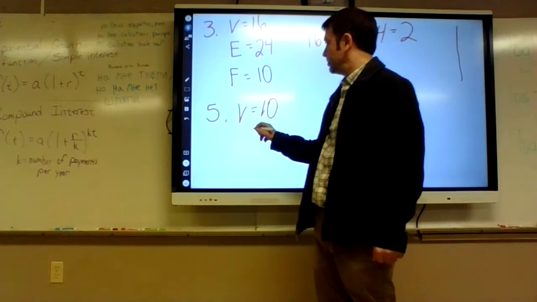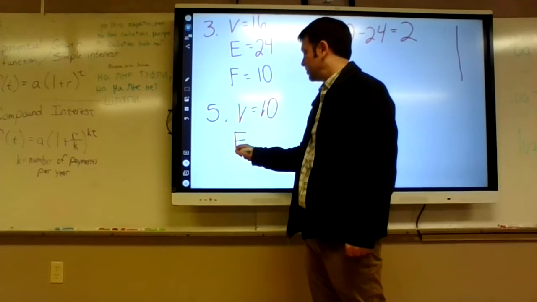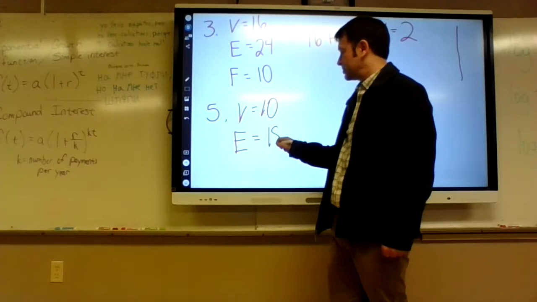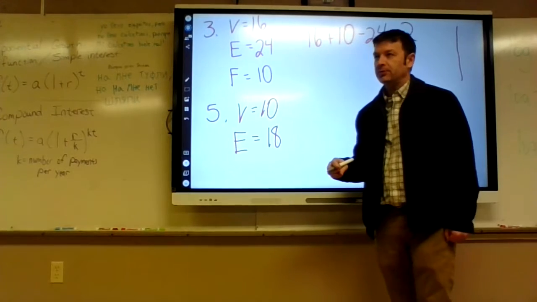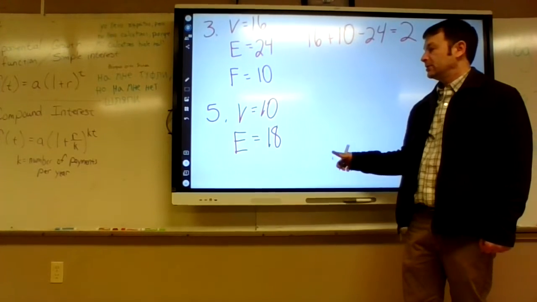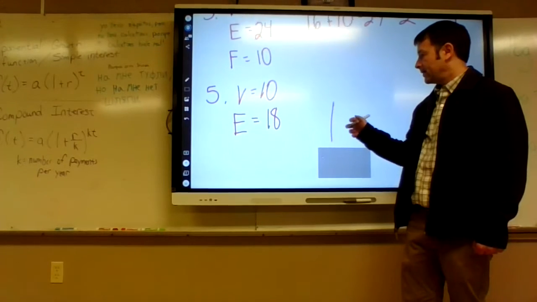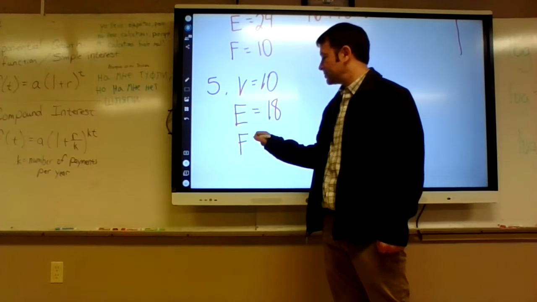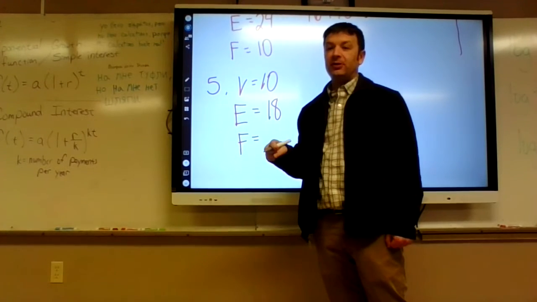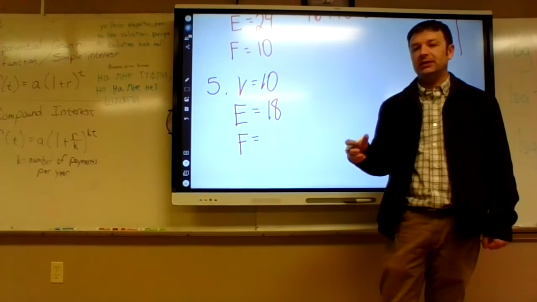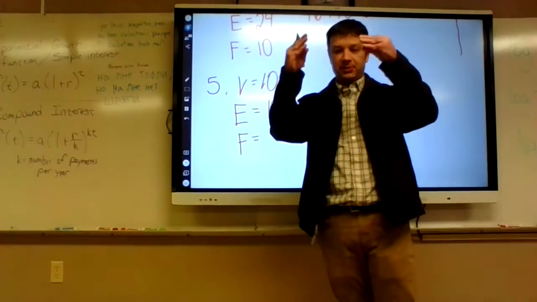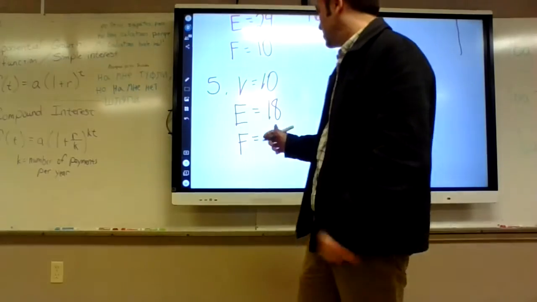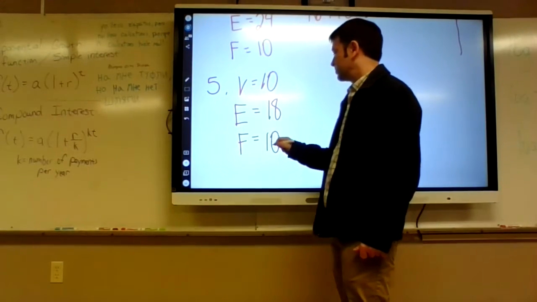So there's 9 going up and down laterally. That makes 18. And then we need faces. How many faces are on the bottom? 1. How many faces are going up? 9. So 10 altogether. So 10 plus 10 minus 18.